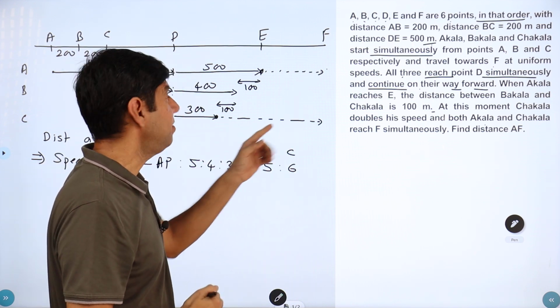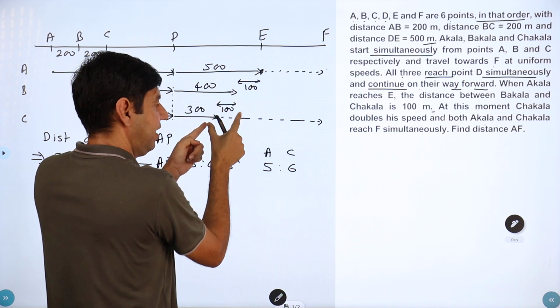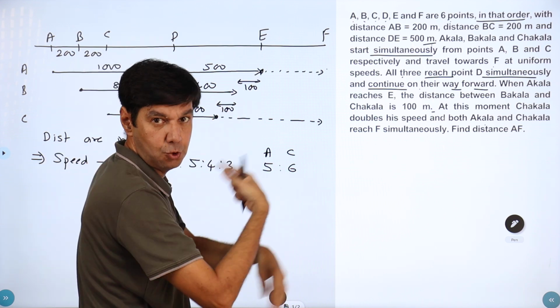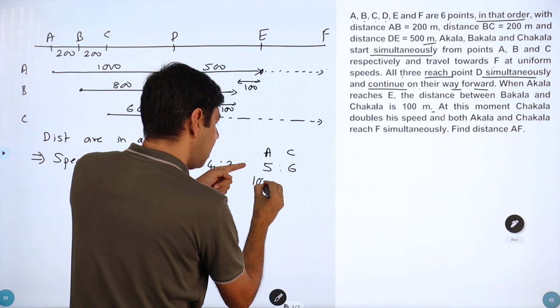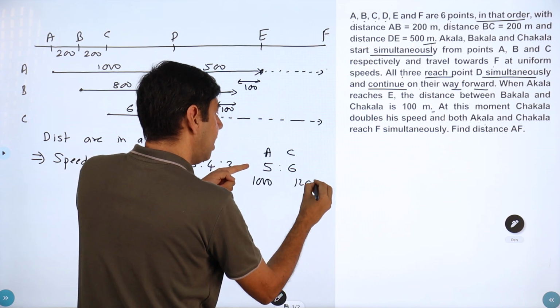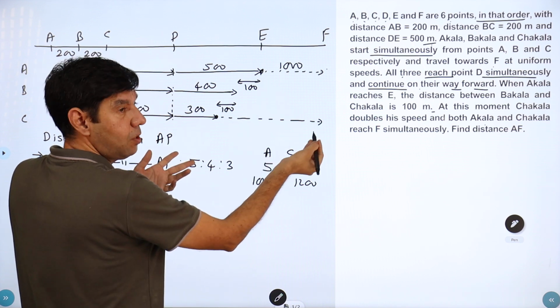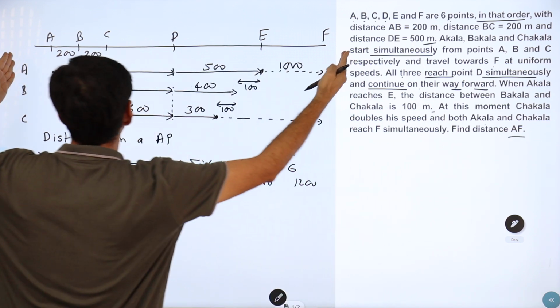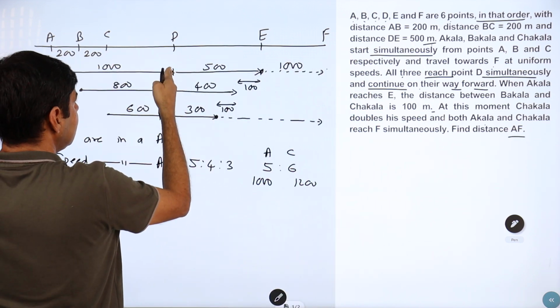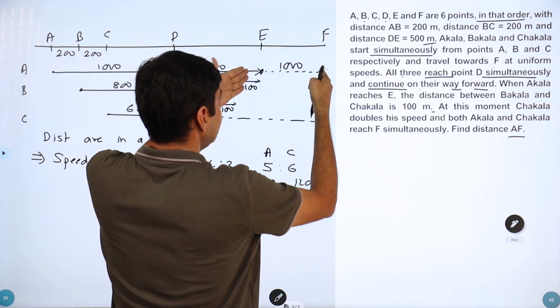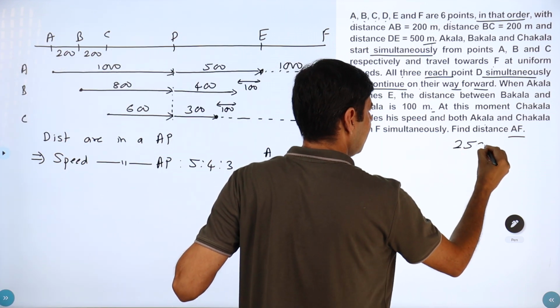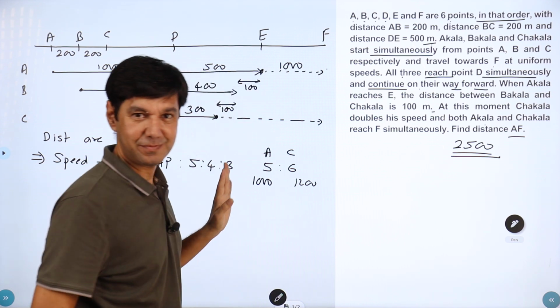And in the same time, the difference being 200. So if this one part is 200, 200 into this is 1000, he is 1200. So he covers 1000, he covers 1200. The question is asking A to F. We take bigger chunks, 1000 plus 500 plus 1000, 2500 is the answer. Right?